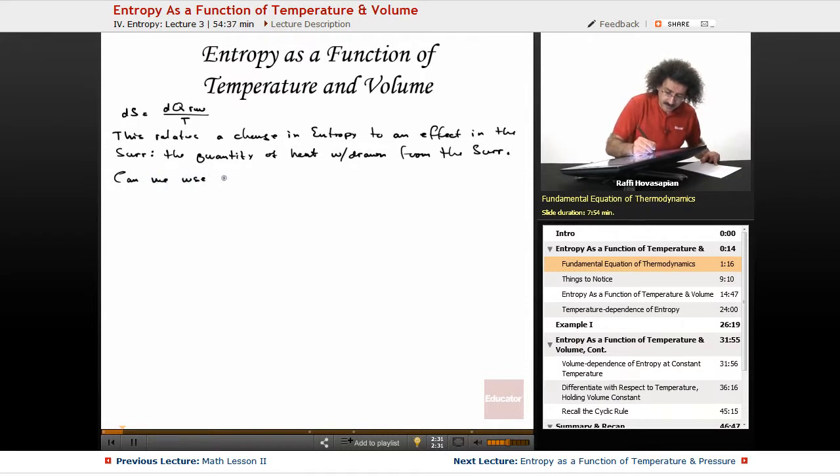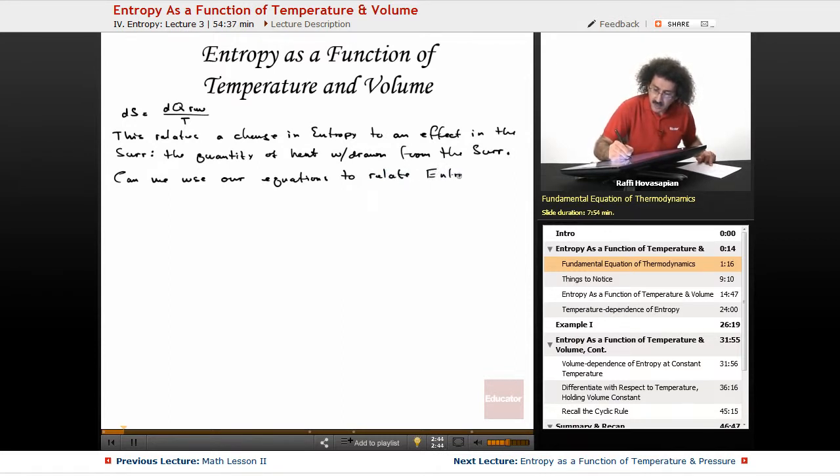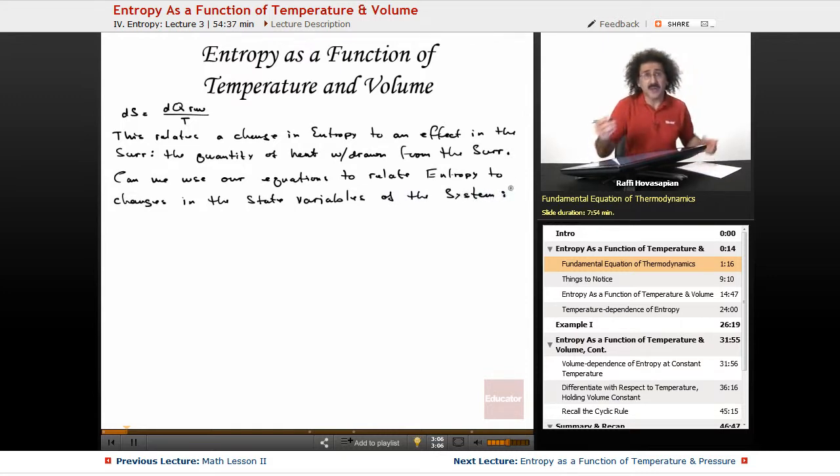Can we use our equations to relate entropy to changes in the state variables of the system, which we can actually measure very easily?